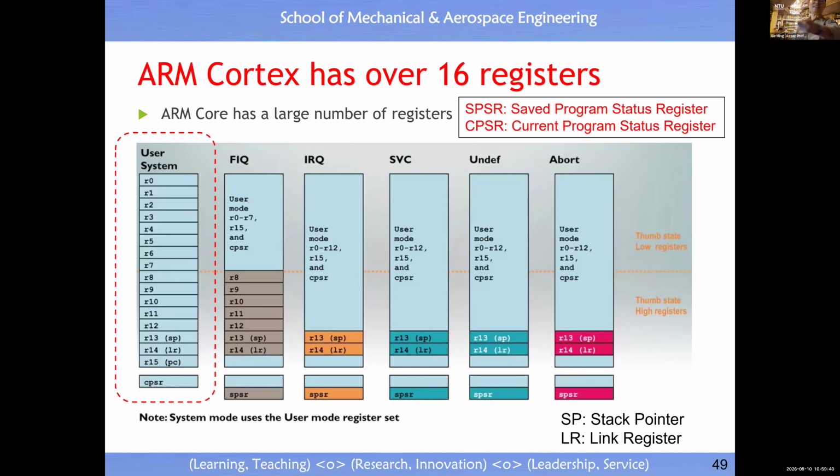Okay, so this is just for you to know the hardware support for function calls. Then you should not worry. All right, I call a function for sure and am able to come back to the main program. Okay, clear. So this just helps you to understand the hardware support for such an operation.